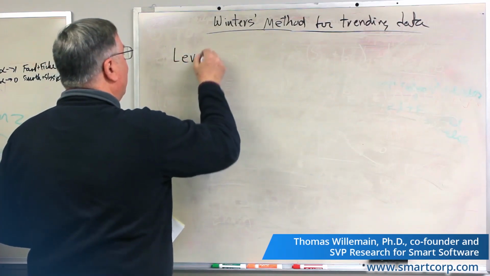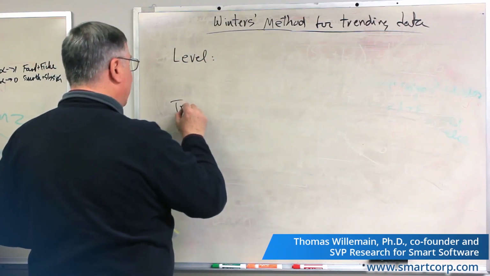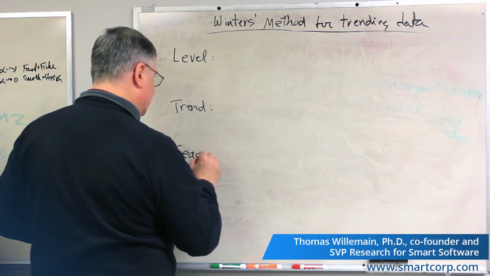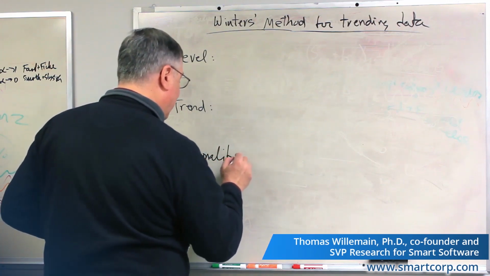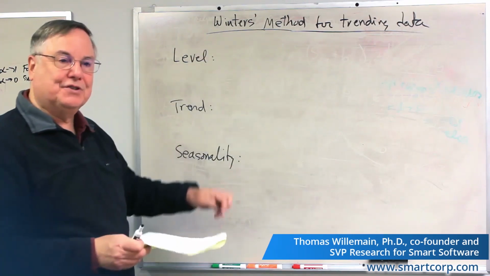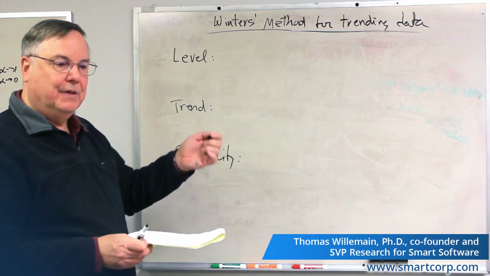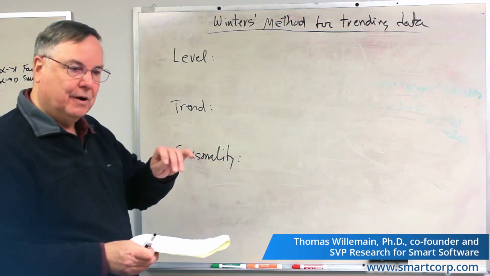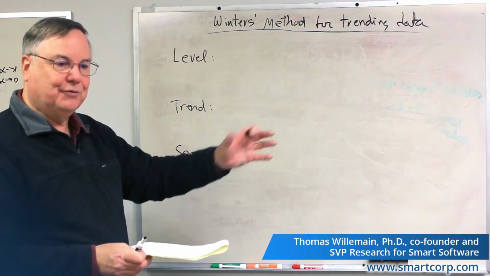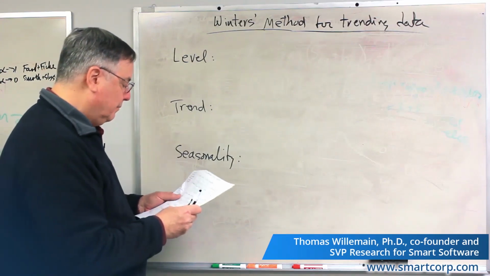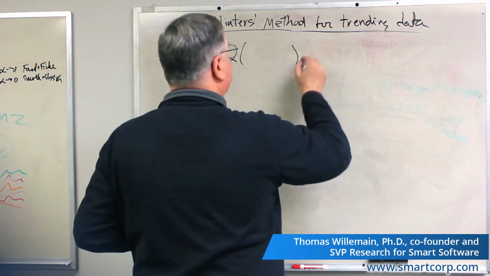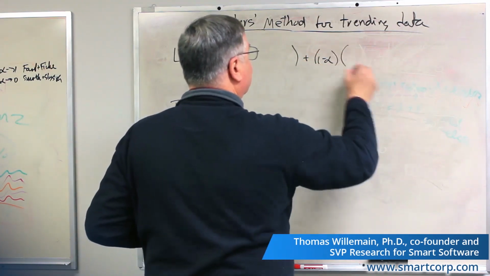And we have an equation for level, an equation for trend, and an equation for seasonality. And there's some subtle adjustments where these feed into each other, just the way with Holt's method. The equation for estimating the trend term was using the results for estimating the level. So again, we're going to have alpha times something plus 1 minus alpha times something else.